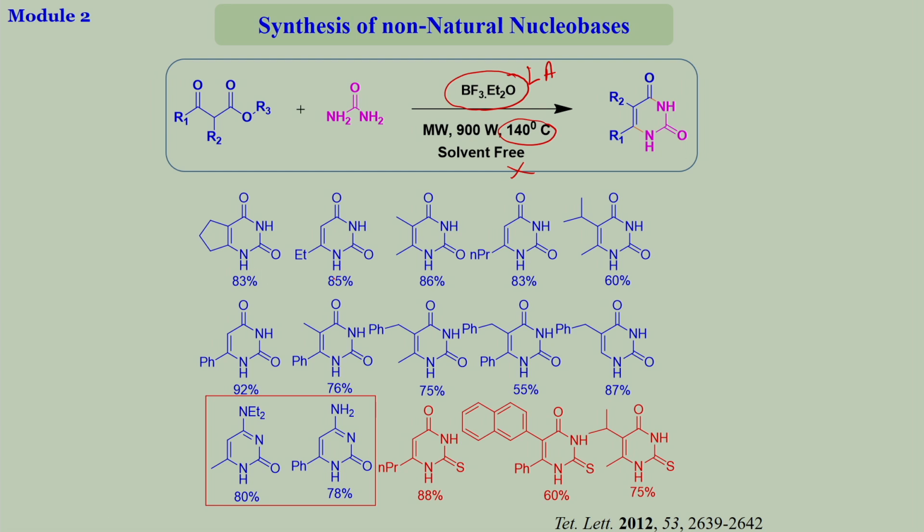So, here we have used many different kinds of molecules which have a branched chain, a longer alkyl chain, an aromatic ring attached, also 2 aromatic rings attached here, and all of them are coming at very high yield, and this reaction takes only 5 to 10 minutes.